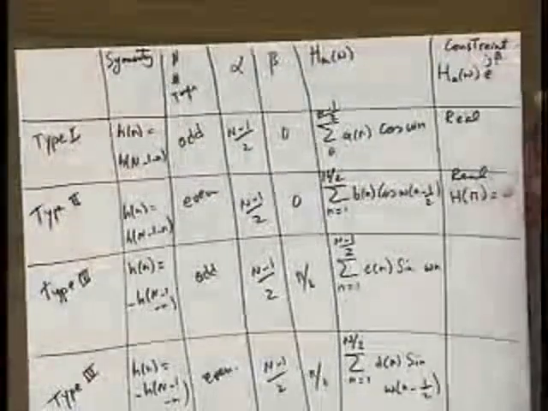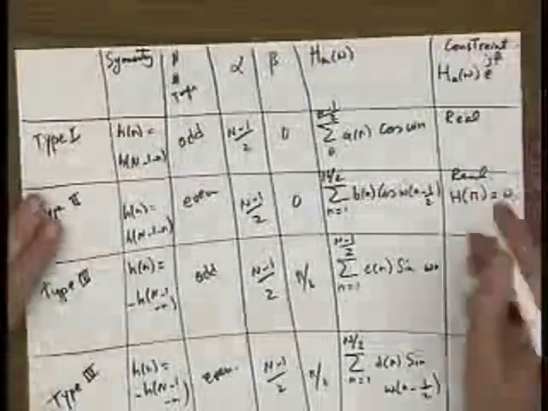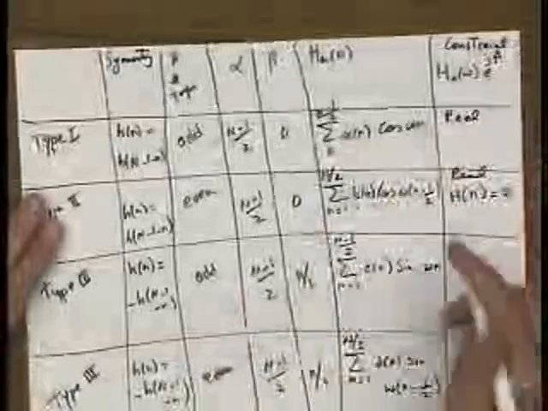H sub m of omega e to the j beta, when beta is pi over 2, e to the j beta is j, and therefore j times something real becomes purely imaginary. Another consequence is that if you let omega equal 0 or omega equal pi, this whole thing becomes 0. So H of 0 is 0, and H of pi is equal to 0.